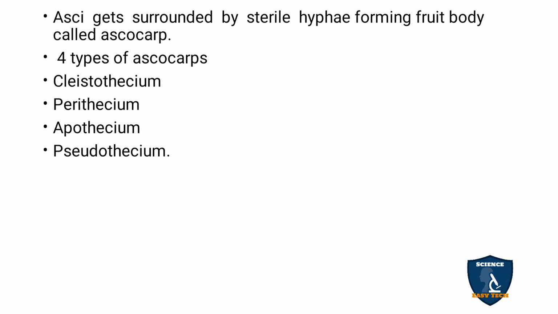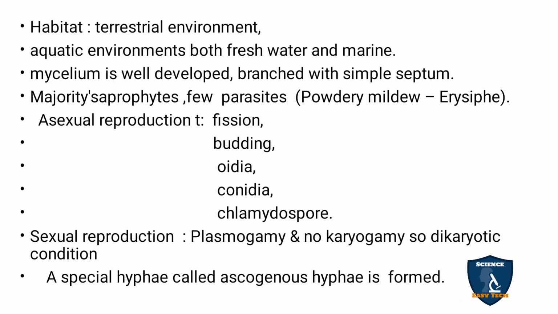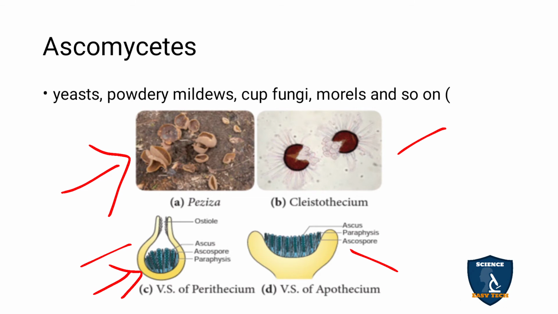The asci are surrounded by sterile hyphae, forming the fruit body called ascocarp. As we discussed in the first slide, the ascus is surrounded by sterile hyphae and forms the fruit body. Based on that, it is divided into three types. Cleistothecium: cleistos means closed, so here there is no gap. It is completely closed and round in shape.